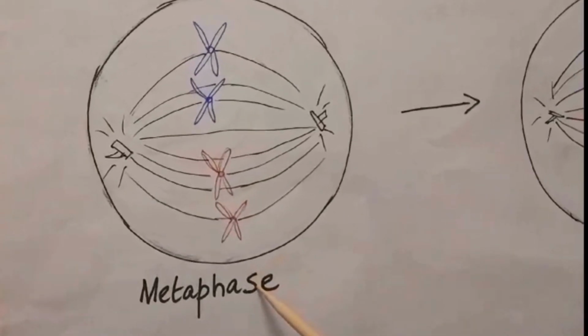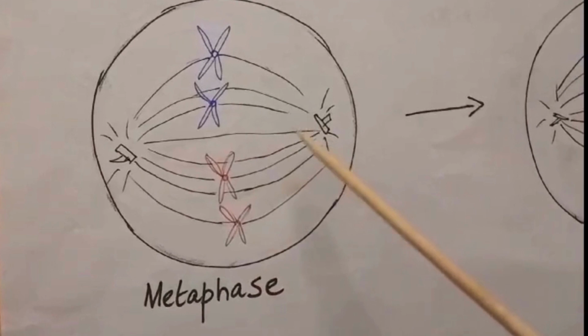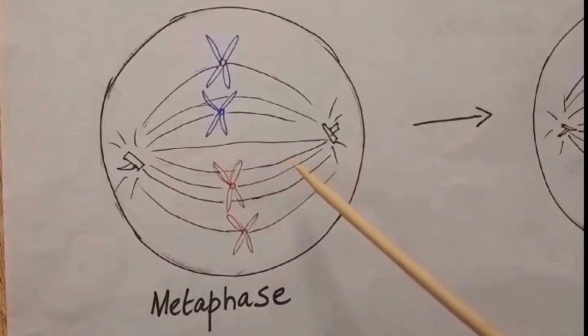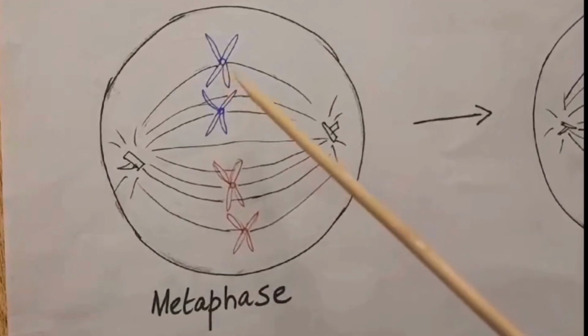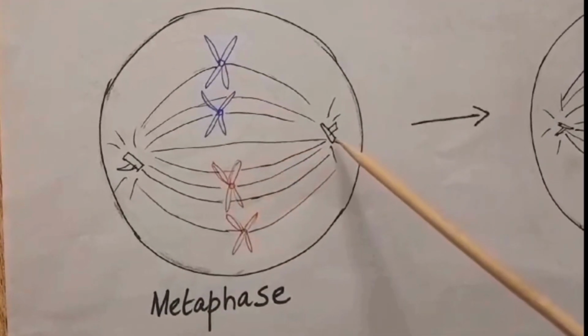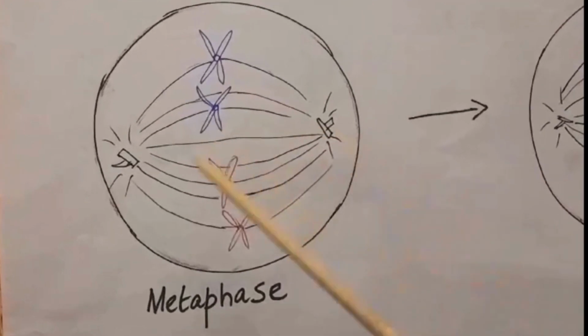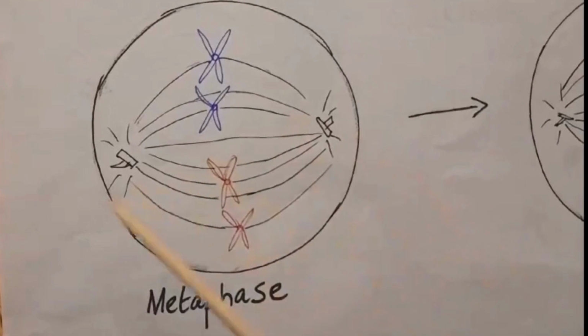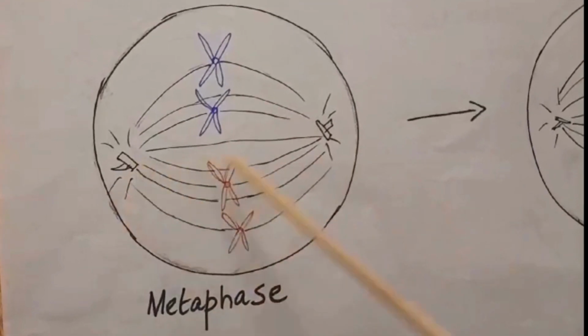Metaphase of mitosis, we see that the spindle has been made. Spindle is basically the shape which is broader in the center and narrow or tapering at the ends. The ends of the spindle are called the poles. There are two poles in the spindle.